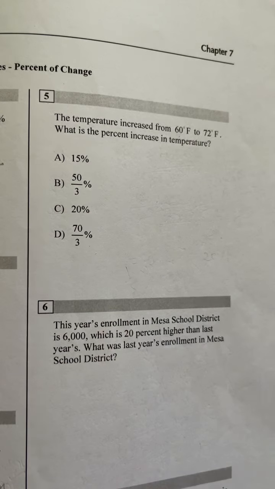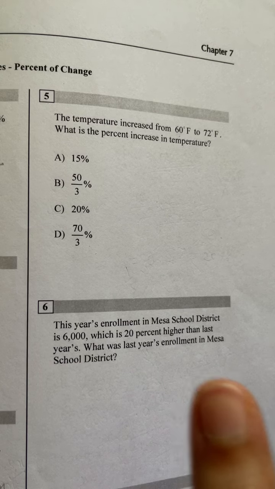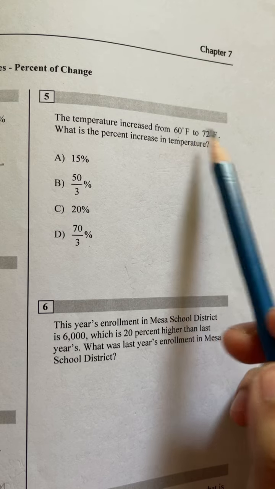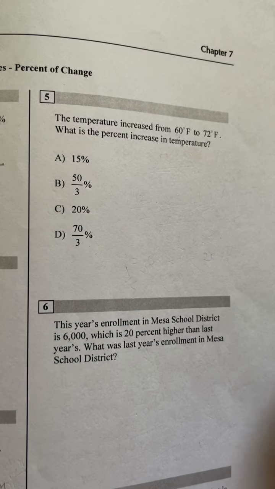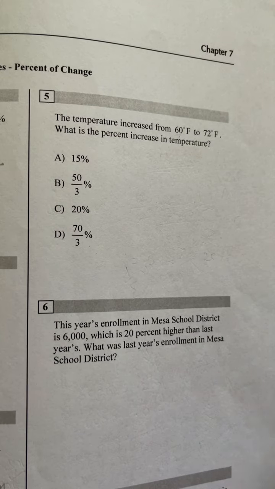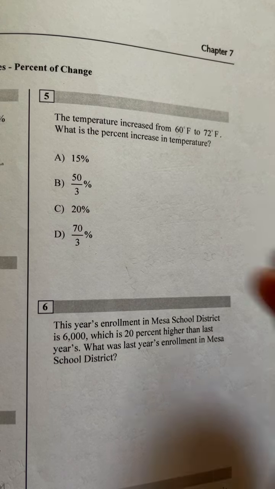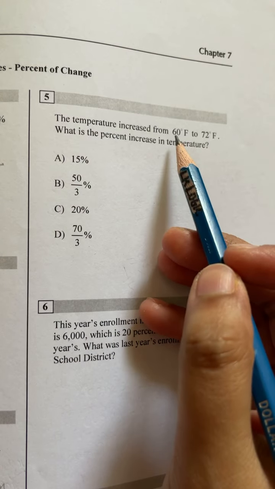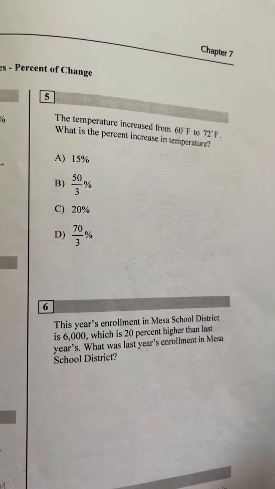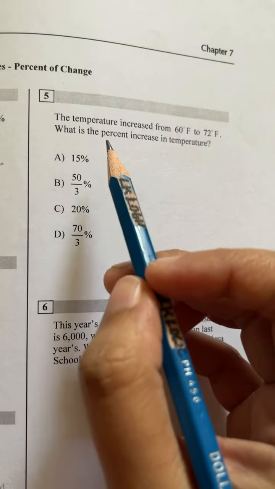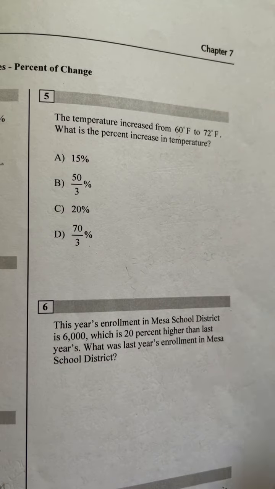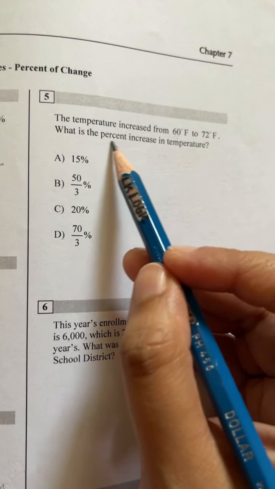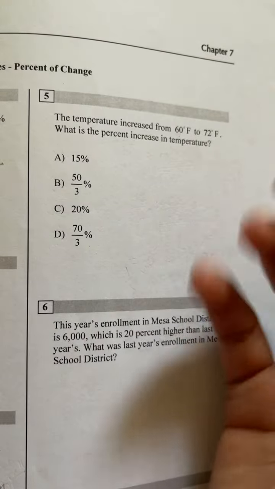How to calculate a percentage increase? Basically, we find the difference. What is the difference between the increase? 72 minus 60, that gives you 12. And you take down the original amount in the denominator and multiply by 100. That is how you find the percentage increase. Why do you multiply by 100? Because you need to find the percent increase, otherwise no need.